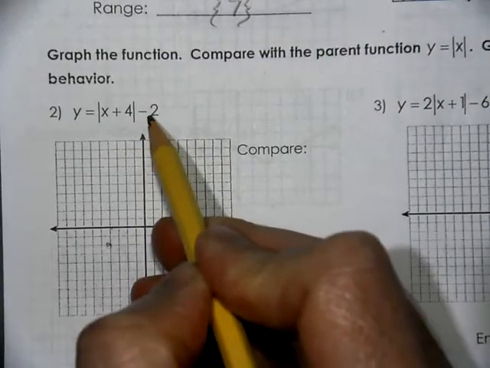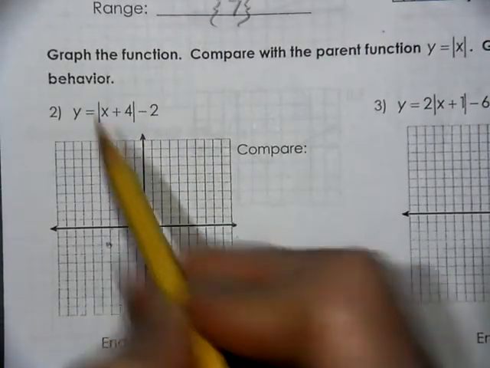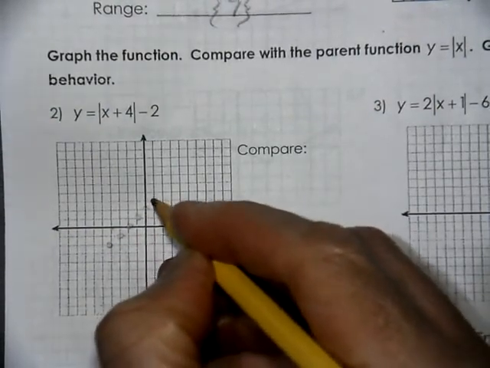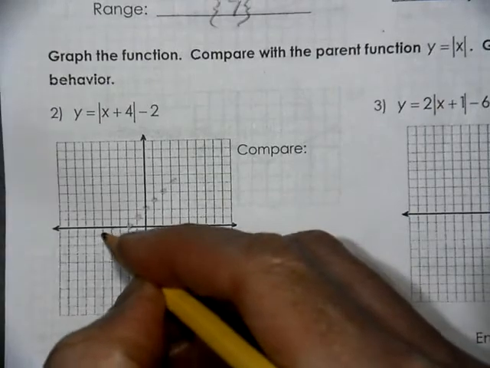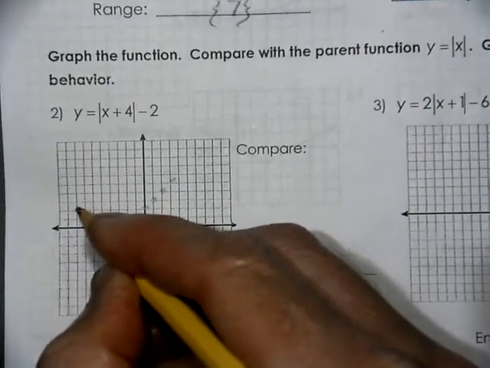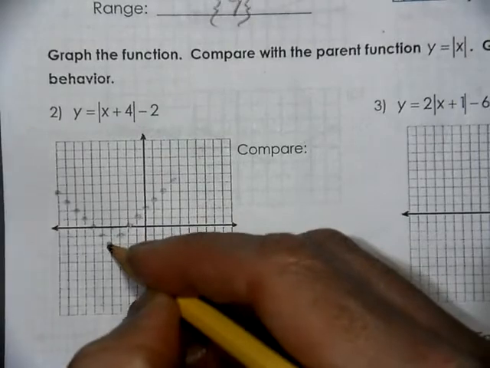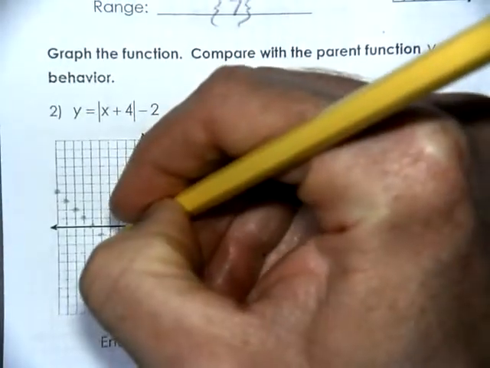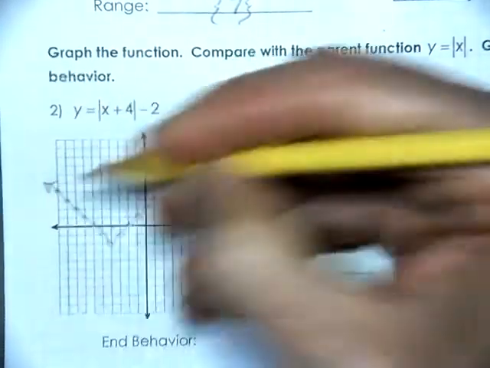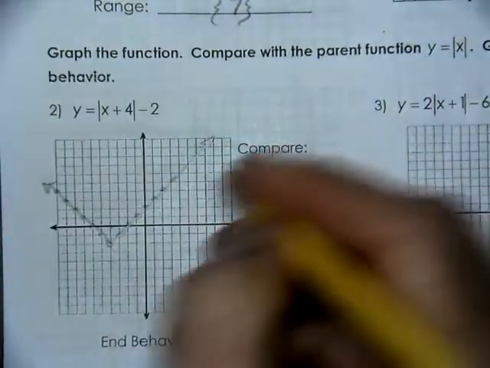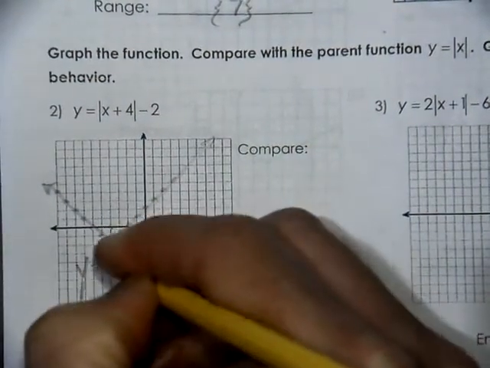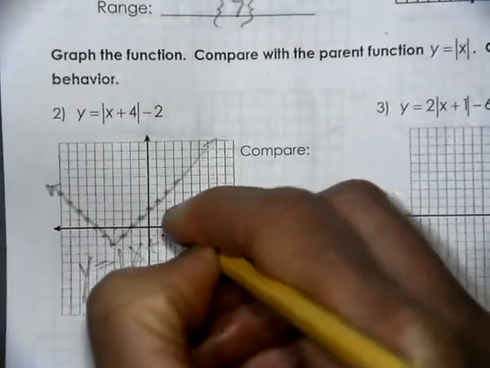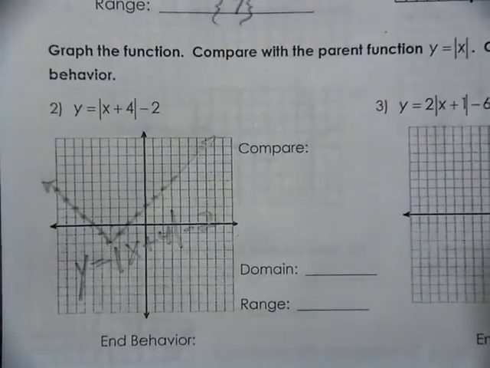H is -4, K is -2, and 1 is our slope. So we have our equation y equals absolute value of x plus 4 minus 2.